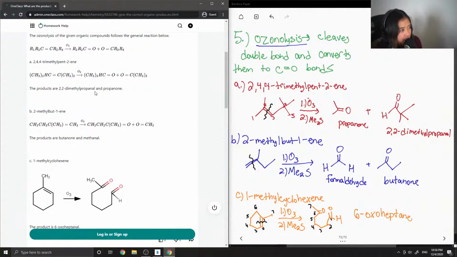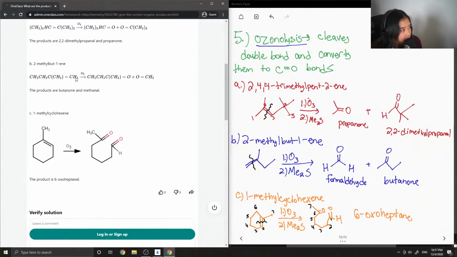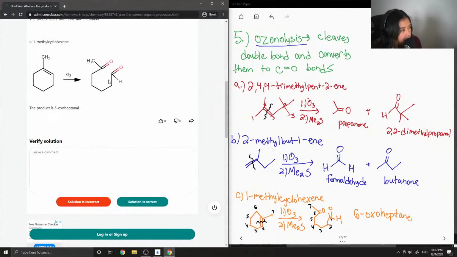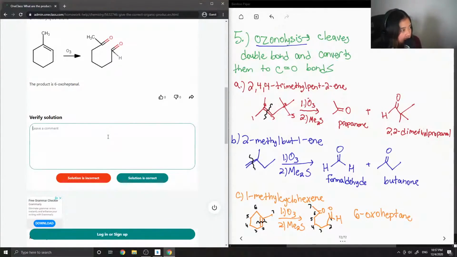Yep, and propanone. Yep. For part B, they got butanone and methanal. So methanal is the same thing as formaldehyde. So this answer is correct as well. And then lastly, they showed the structure and got 6-oxoheptanal. So this solution is correct.